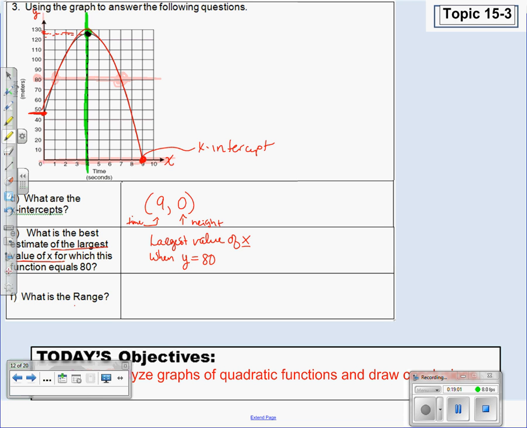So starting with the first one, moving on down, we see that x is equal to 1. Looking at the second spot, moving on down, we see that x is equal to 7. But what it asked us to do was to find the largest value of x. So the largest value of x would be the x equal to 7.